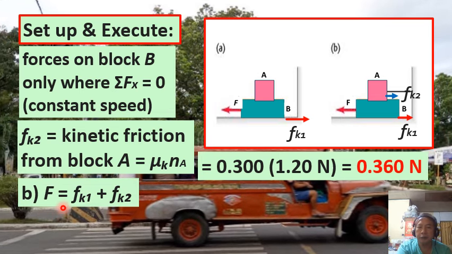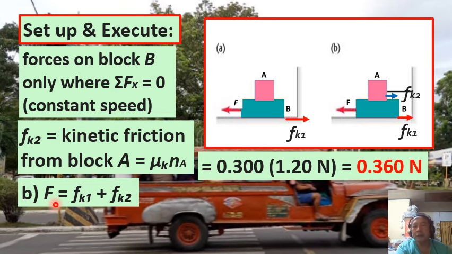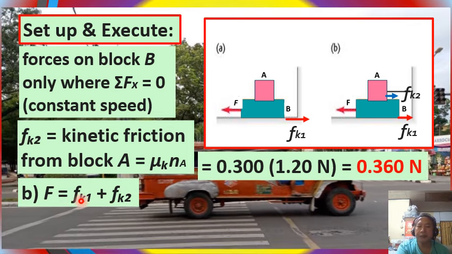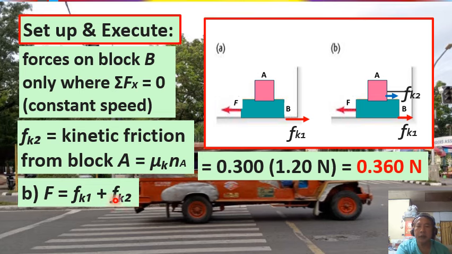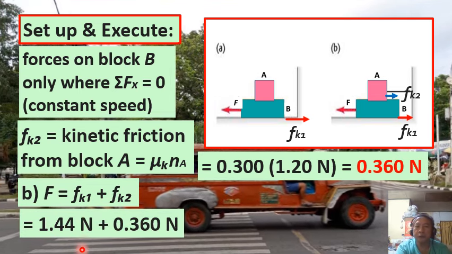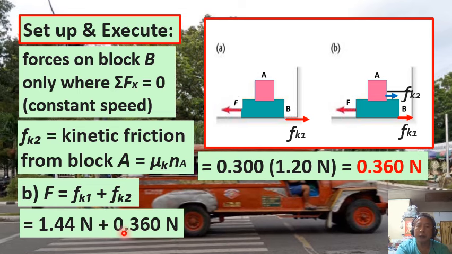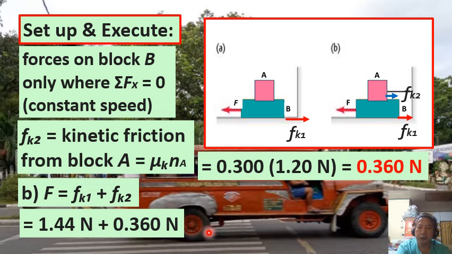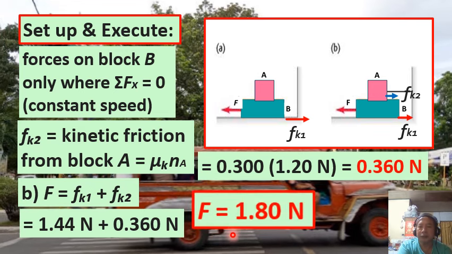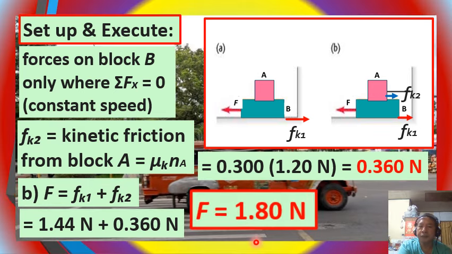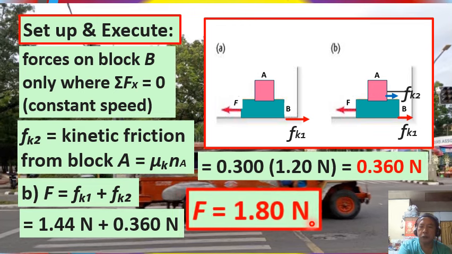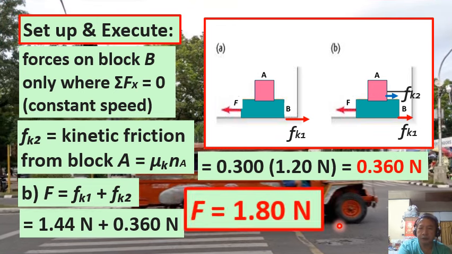So capital F is just equal to the sum of F sub K1 plus F sub K2. That is, F equals 1.44 newtons plus 0.360 newtons. So we get the value of the force necessary: F equals 1.80 newtons, also in 3 significant figures.